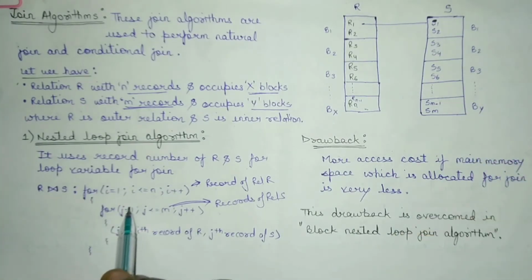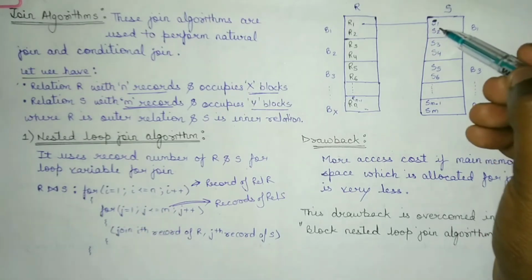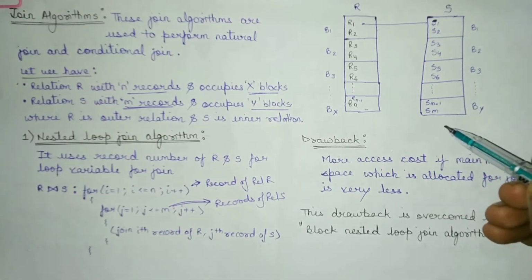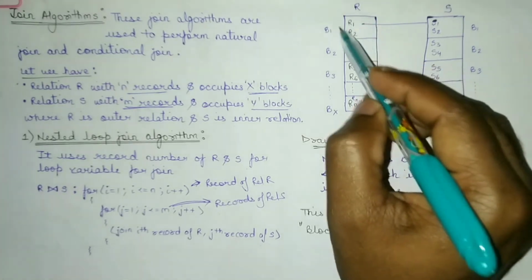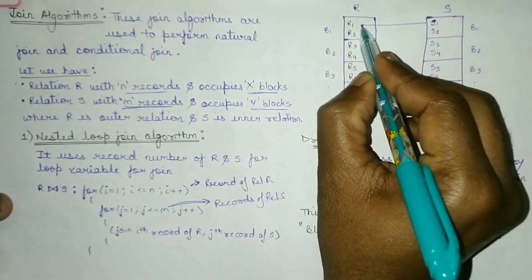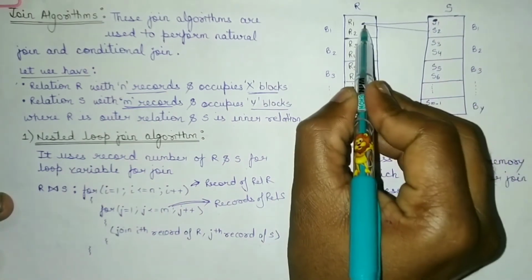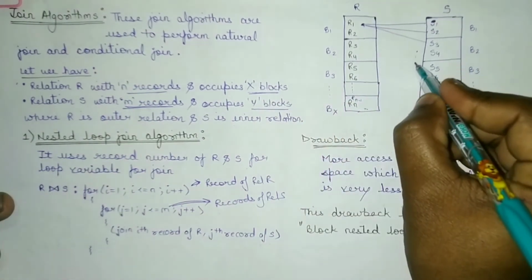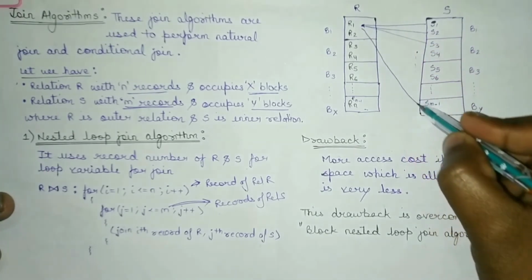We will start from 1 and move up to m. So from 1 to m, all these records will be mapped with R1. R1 will be mapped with S1, S2, S3 and so on until Sm.